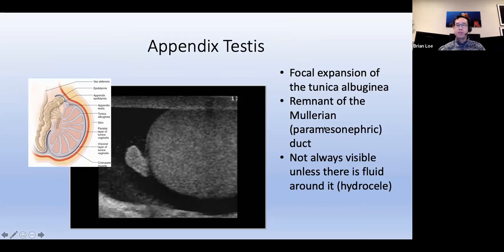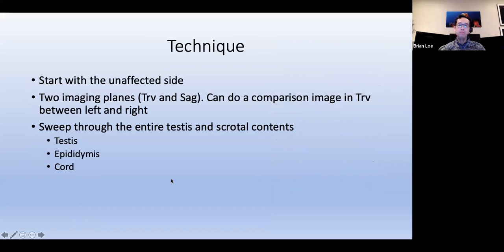It's a remnant of the Mullerian system, the paramesonephric ducts, rather than the mesonephric duct system of the appendix epididymis. We don't always see it, but sometimes we do, and this is what it looks like if it's seen with some hydrocele fluid around it.